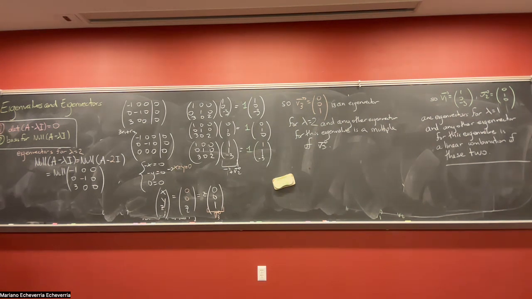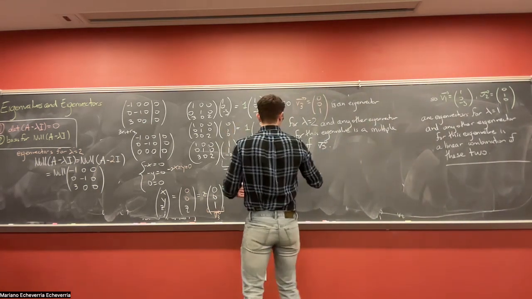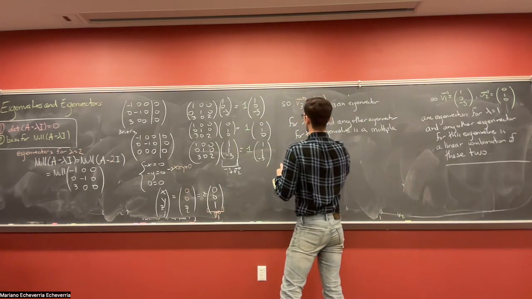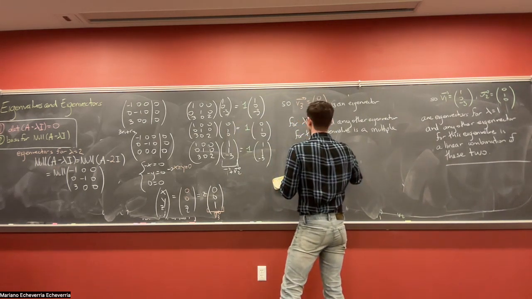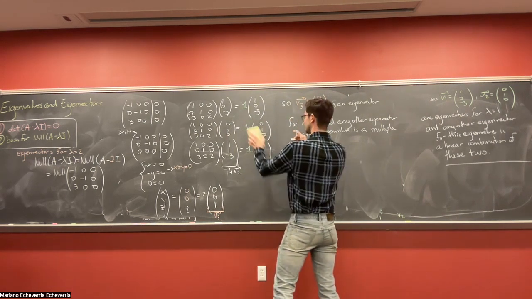And so, coming back to this idea of checking what happens here, what does it mean for this to be an eigenvector?